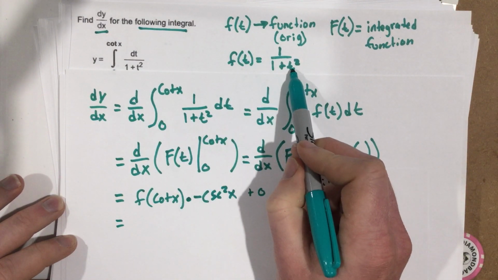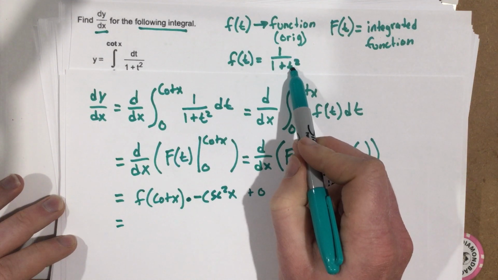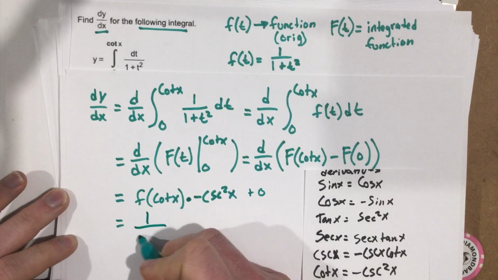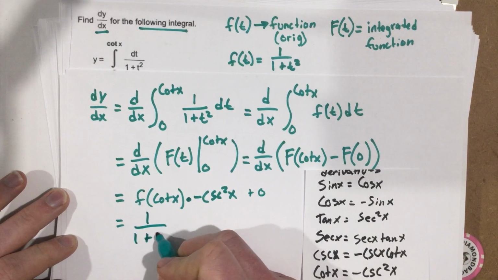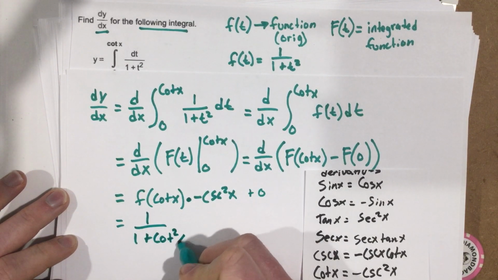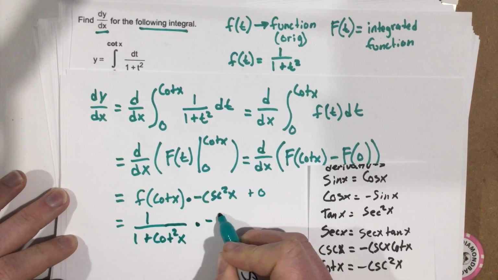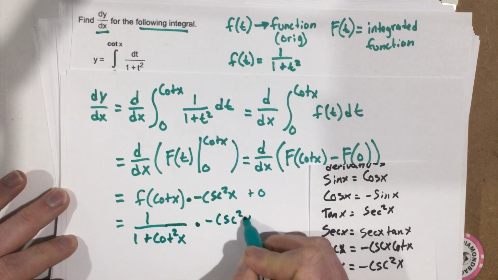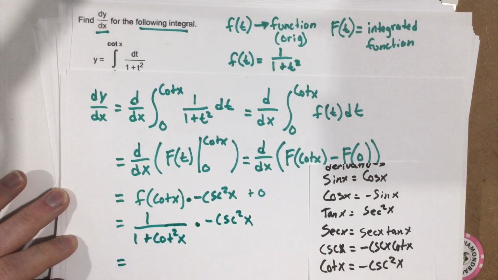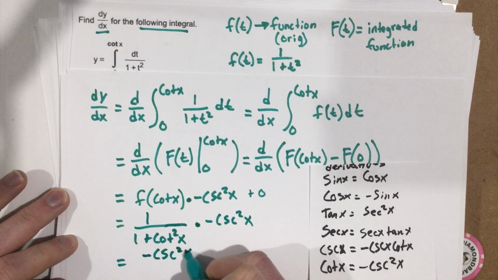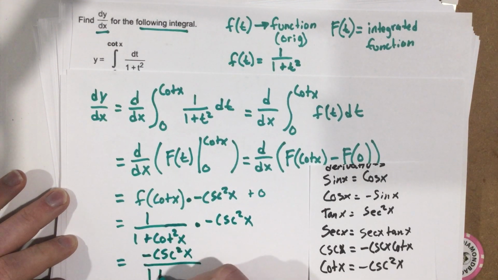So I'm going to input cotangent x in for t there. So I can write that as 1 over 1 plus cotangent squared x times negative cosecant squared x. So that's negative cosecant squared x over 1 plus cotangent squared x.